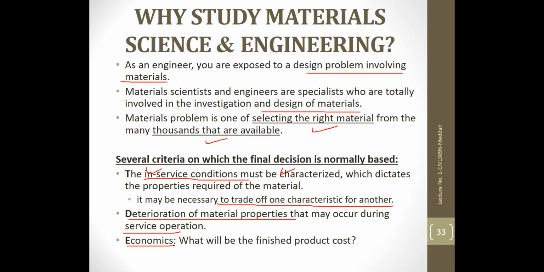You cannot choose any material, even if all the materials fulfill the requirements and the properties required. At the end, you also have to include the price. What is the cost of the finished product? Because the cost of each product will affect the cost of the whole project, and you need to make your project as economical as possible.